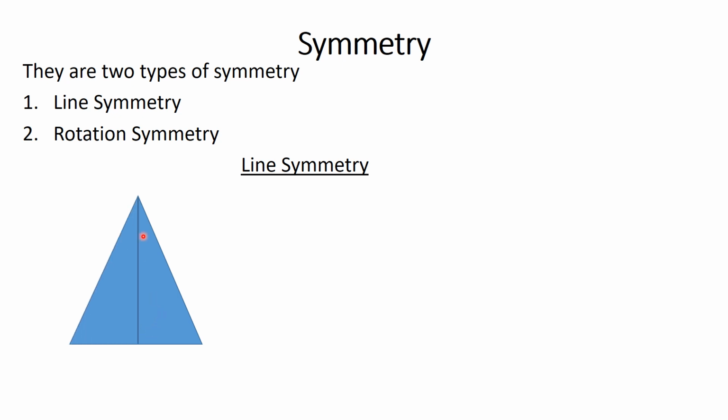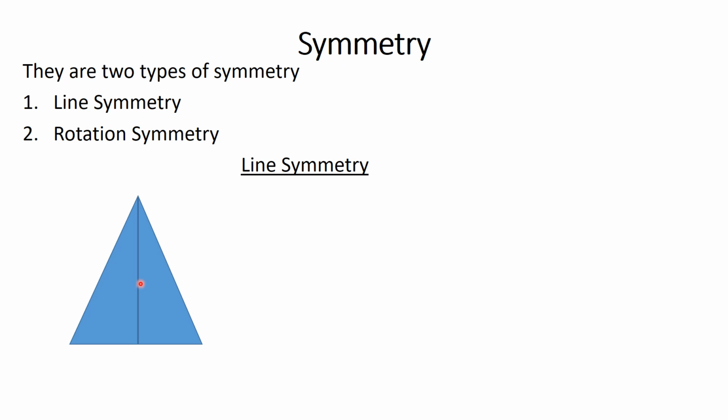If I divide this triangle into two parts, this part and this part, then the parts are going to be mirror images of each other. Then we say this shape has symmetry. And if you can do that once, like here, we say this shape has one line of symmetry.